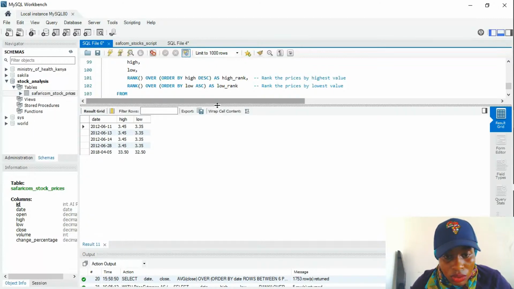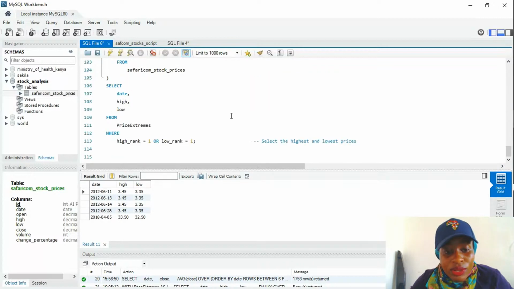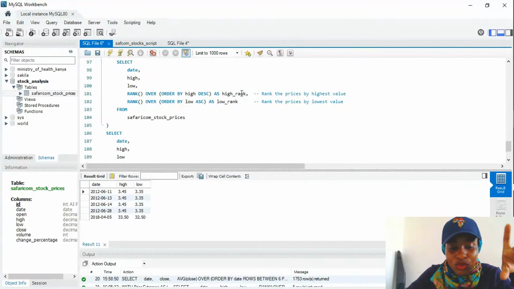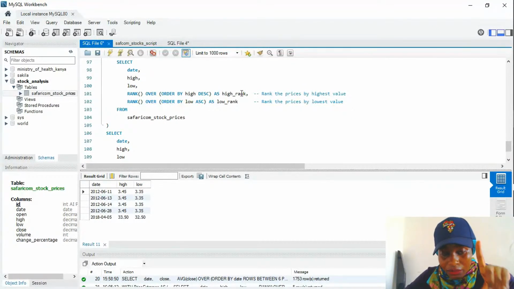When we say where the high rank is 1 or low rank is 1, remember we were ranking the highs in descending order and lows in ascending order. That means the highest high is going to be at the top, and it's going to have the first index.